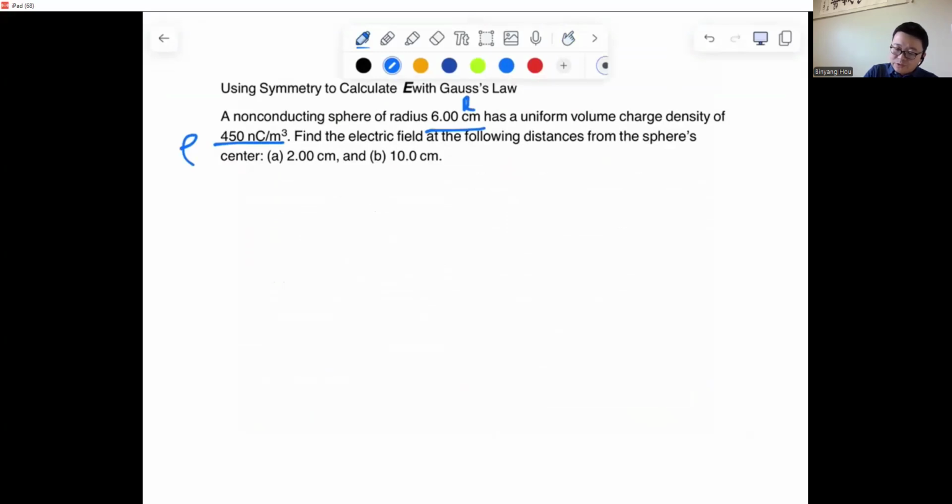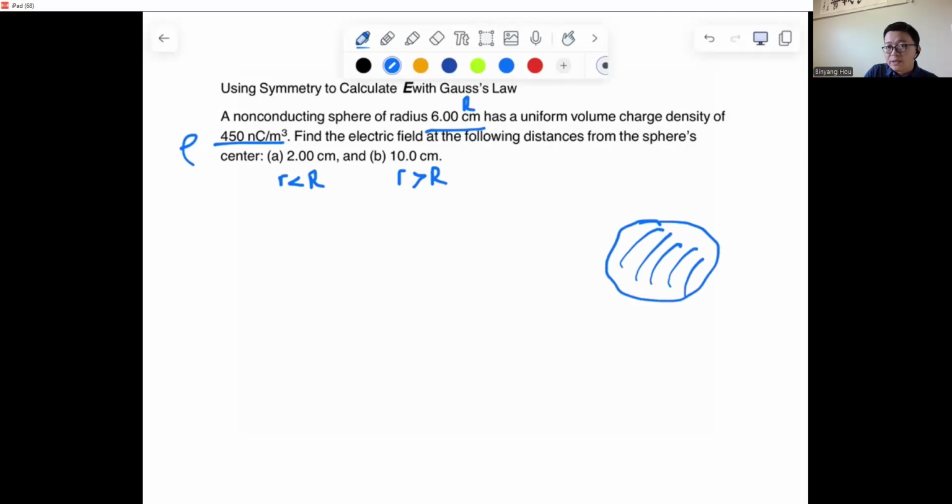It's looking at two distances, one that is less than the sphere's radius, and one that is greater than that. So let's say this is the 6 centimeter sphere. This is a terrible drawing, but imagine this is a sphere, so R equal to 6 centimeters.